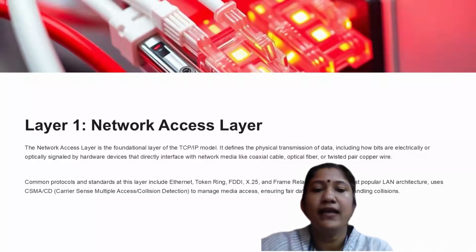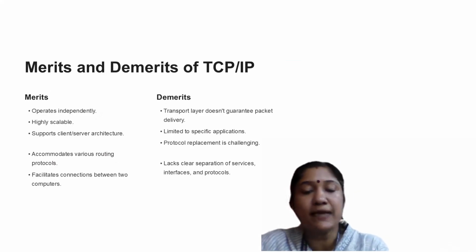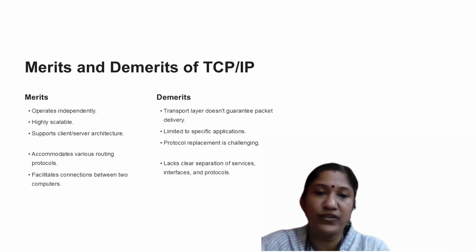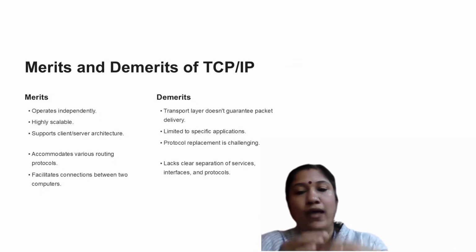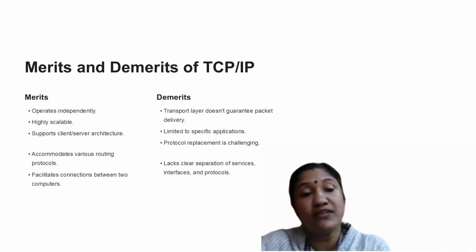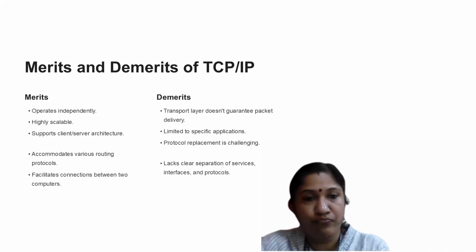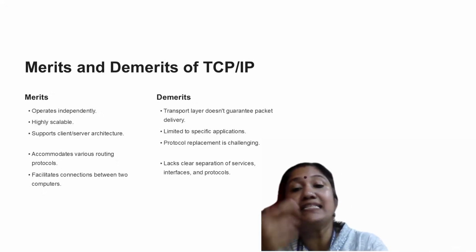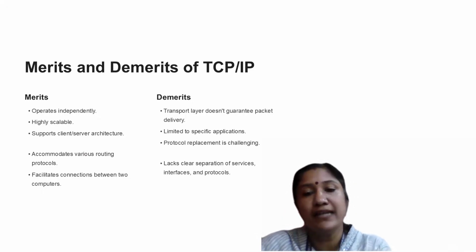As a conclusion of our session, we can discuss the merits and demerits of the TCP/IP network model. Coming to the merits, the first and foremost is that it operates completely independently. The second is that it is highly scalable, which means we can add as many nodes to the network.